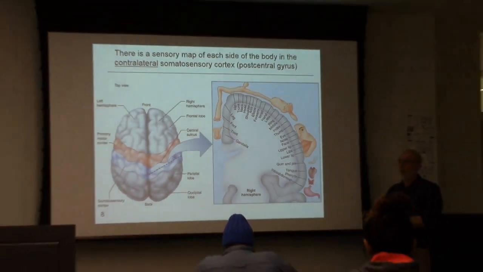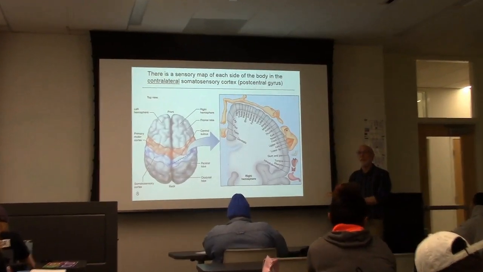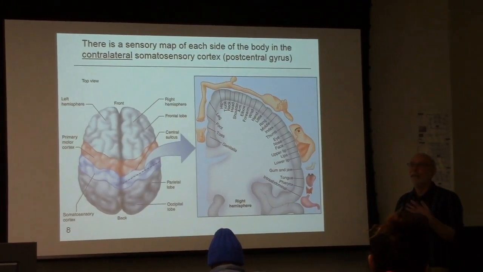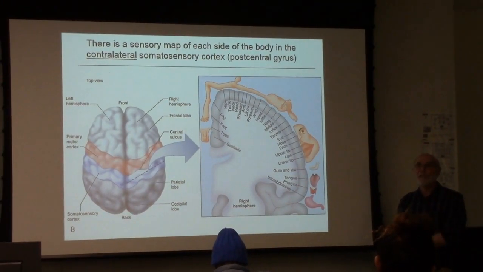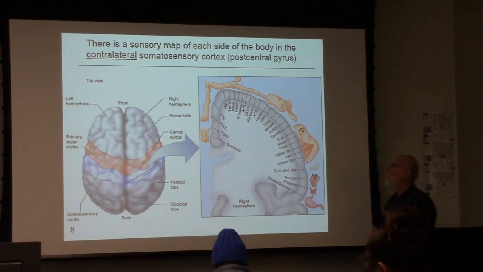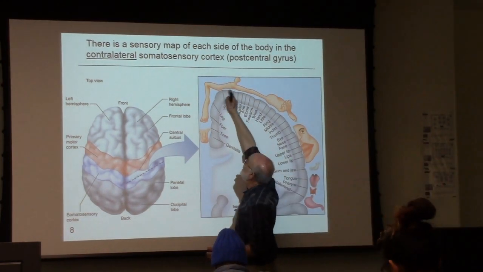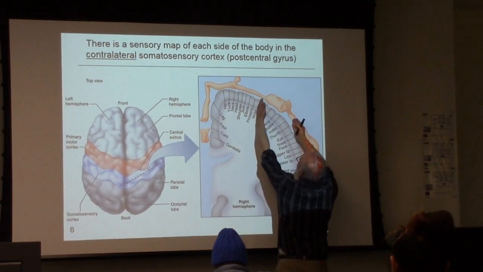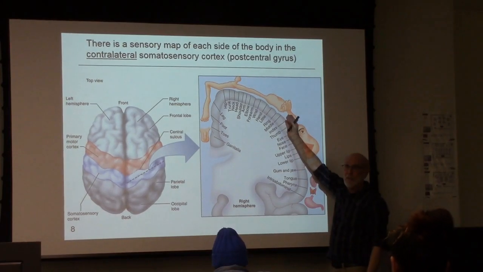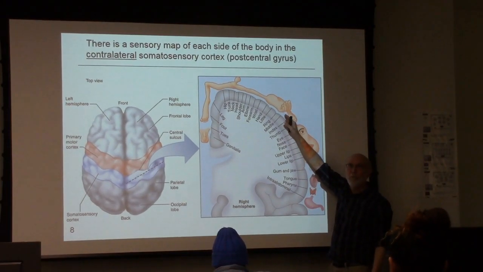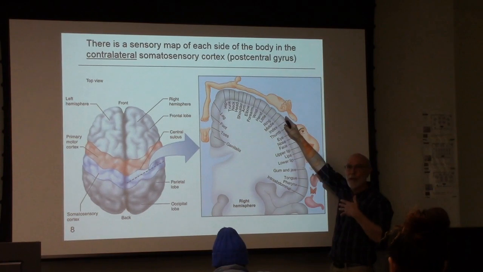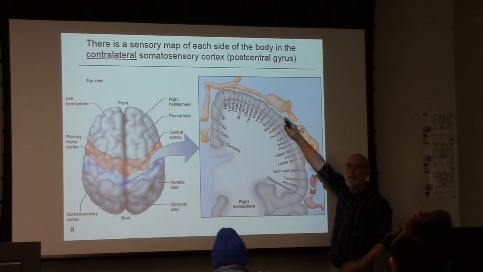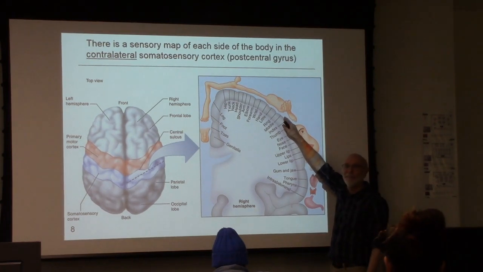So there are people who, because of birth defects, are born without arms, and they've learned how to write and play the piano and do all kinds of things with their toes and feet. And so this area of their brain is much expanded because this area of the brain isn't doing what it normally does for a wild type person, right?